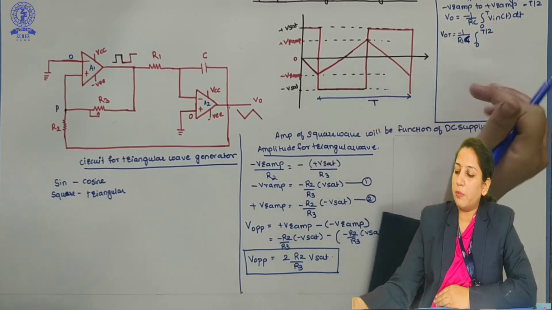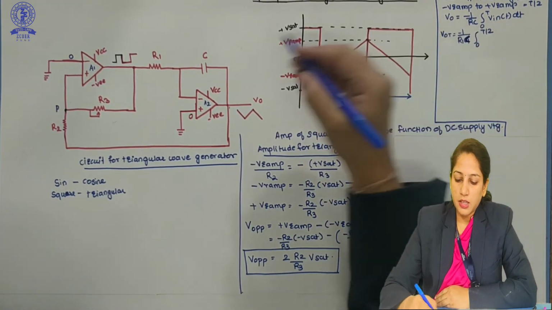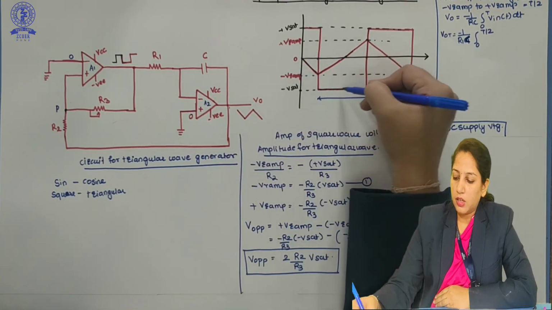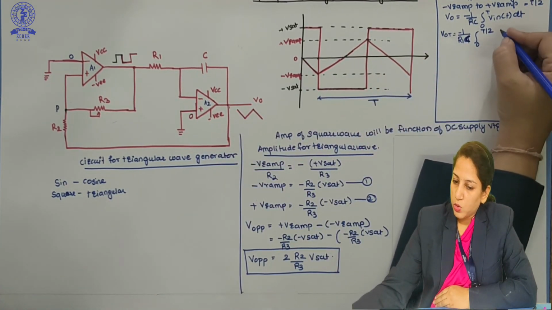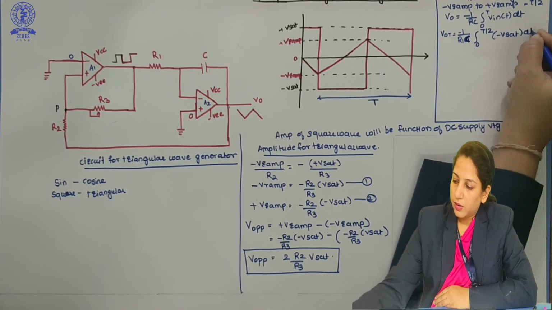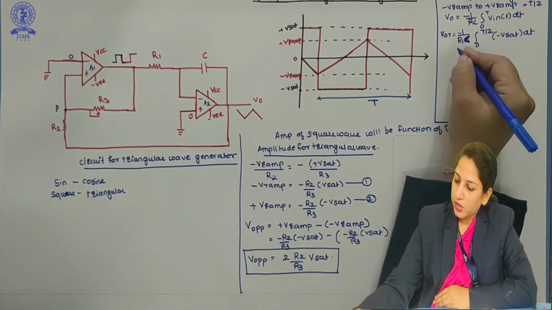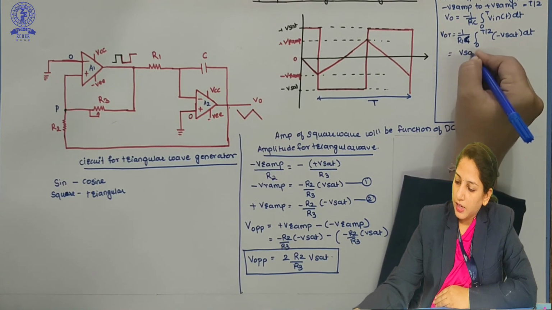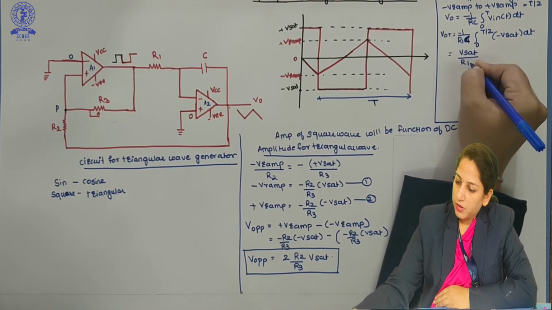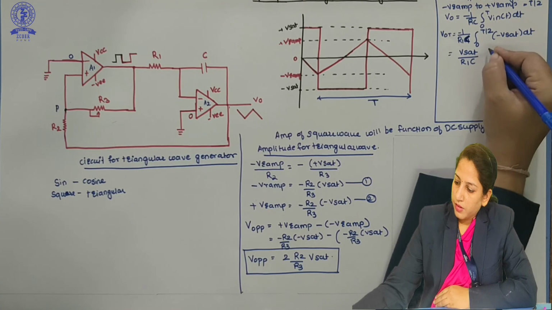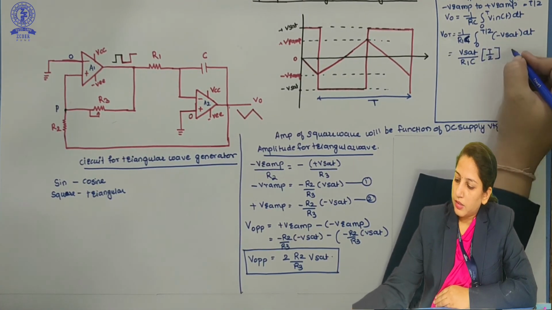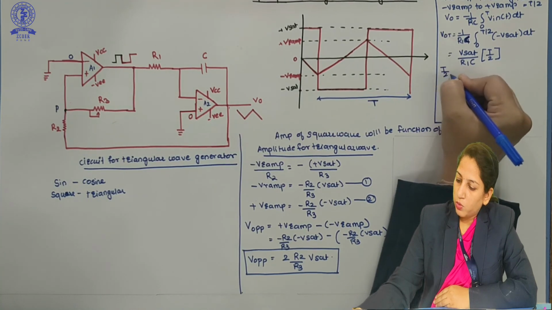V in is nothing but the negative saturation, so minus V saturation dt. If I solve this equation, it will become V sat upon R1 C times T by 2.